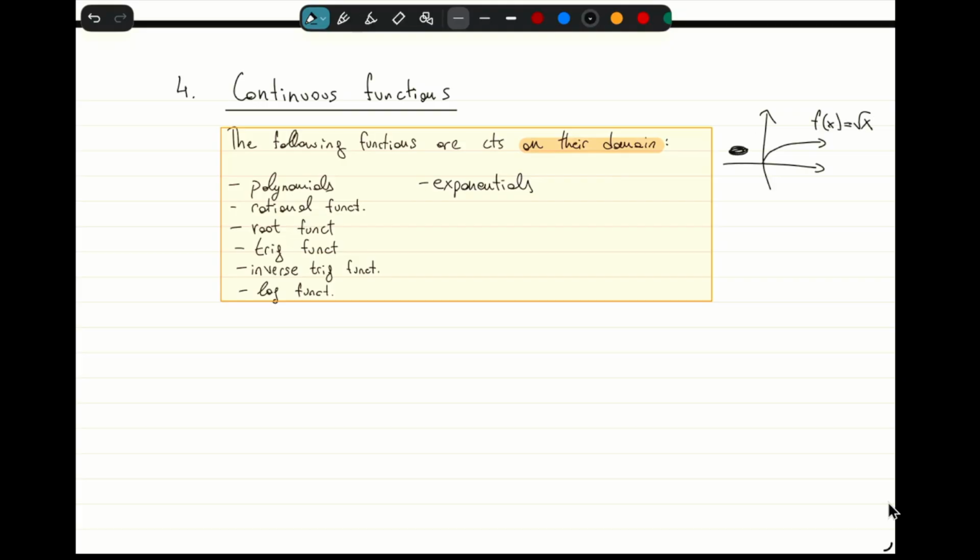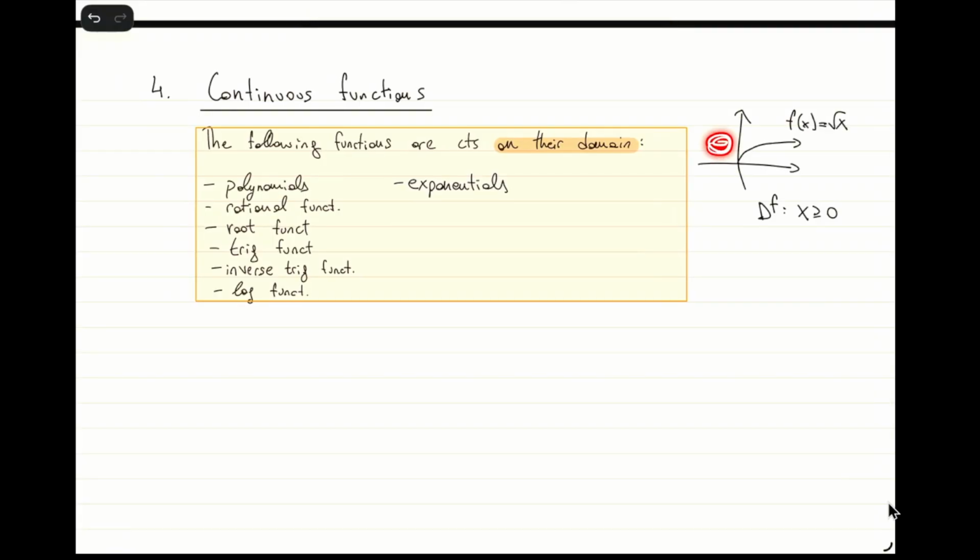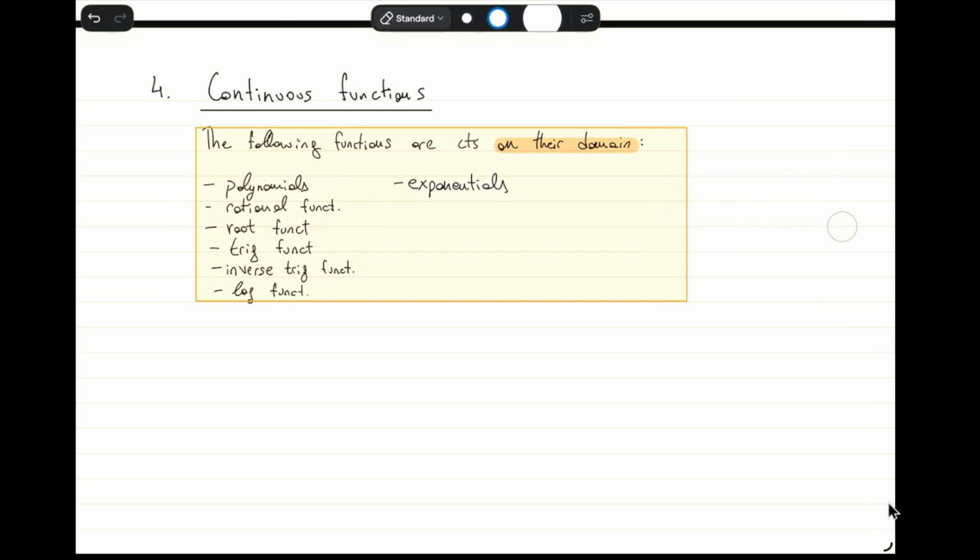The domain of the function will be x greater or equal to 0. You should know this probably. If we take some x which is not in the domain, which is on this side of the graph, there's not really even a function defined, so it makes no sense talking about continuity.